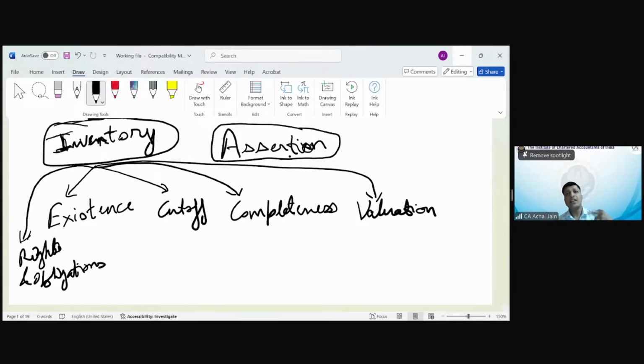Or is there any law which requires you to do that? You do that because as an auditor, you have a risk. What is the risk? That inventory may not be physically there. Maybe in the books they have recorded inventory, but actually it doesn't exist. So that's why, as an auditor, you want to go and physically check that.